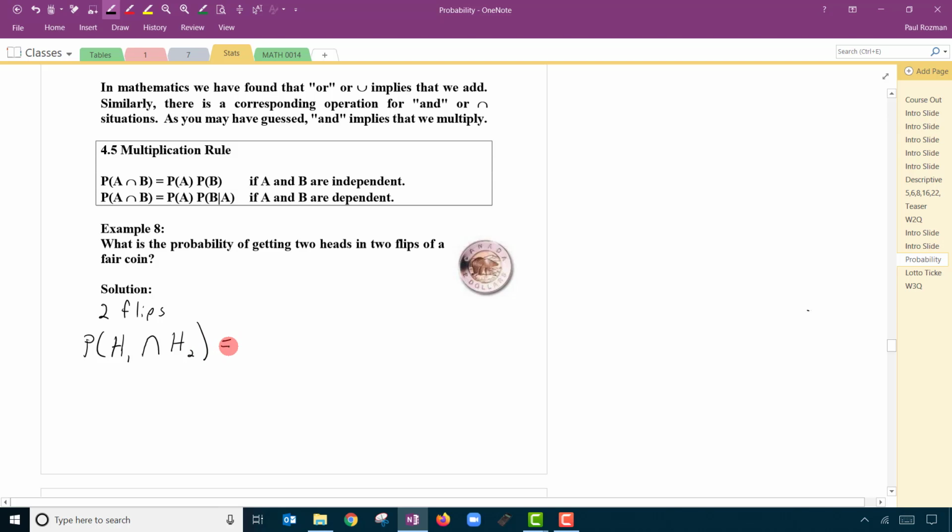Well, that means we need a head on the first one for sure, and we need a head on the second one. It doesn't matter what happened on the first flip, though. Coins don't remember. These are independent events.